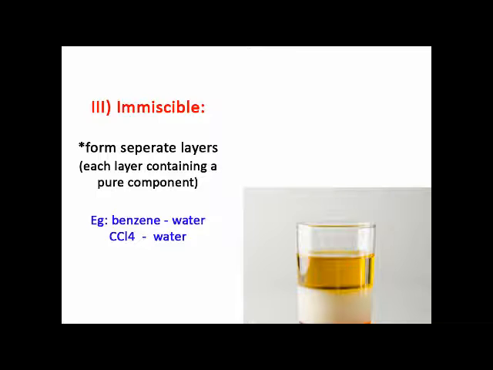If I consider liquid A and liquid B, after mixing we can see two different layers of A and B. In layer A, there is no B, and in layer B, there is no A. This is known as an immiscible solution. Examples are benzene in water and carbon tetrachloride, I mean CCl4, in water.